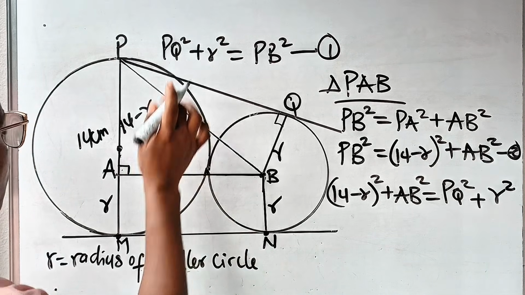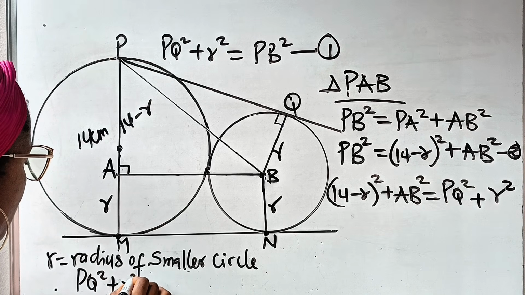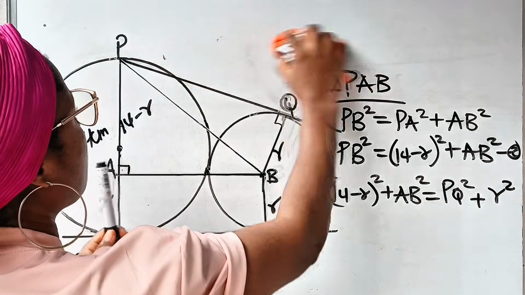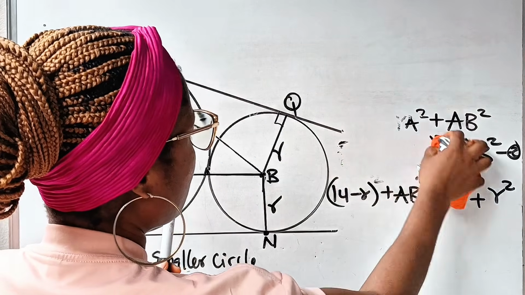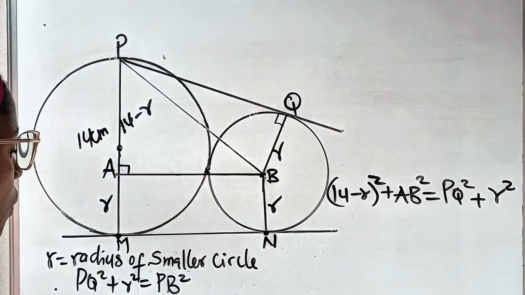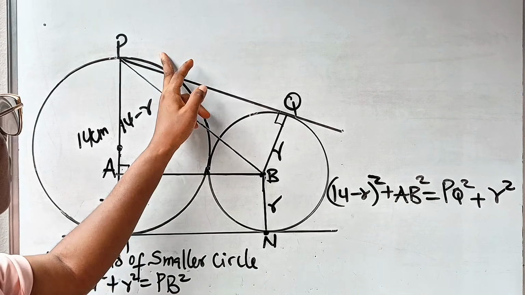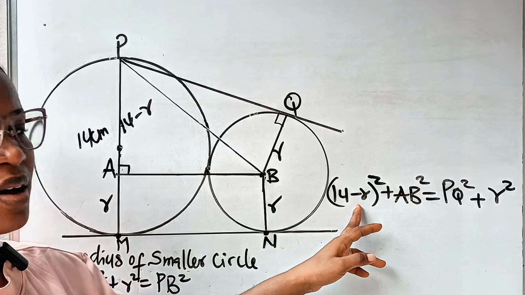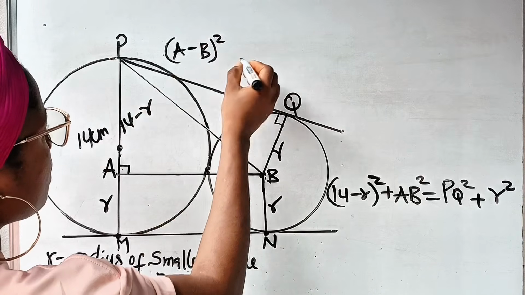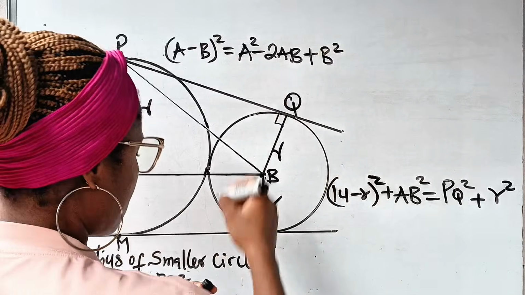So we are going to expand this (14 minus r) squared using the algebraic identity that (a minus b) squared is equal to a squared minus 2ab plus b squared.